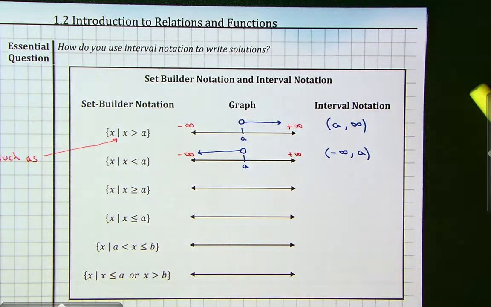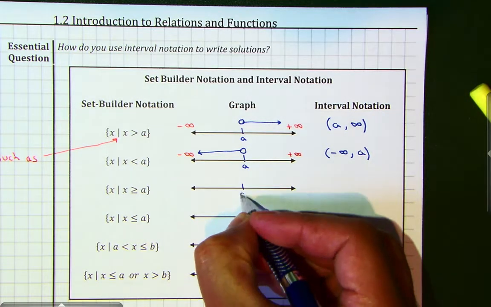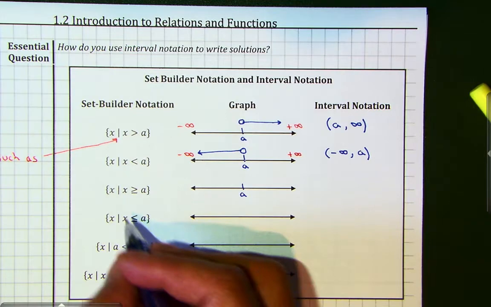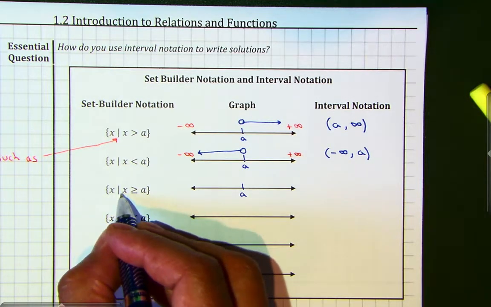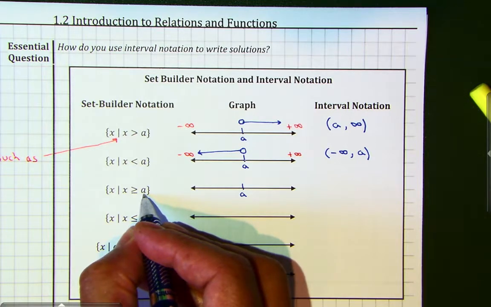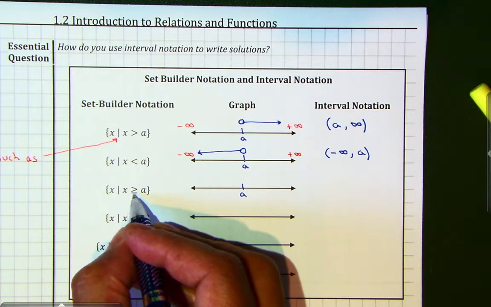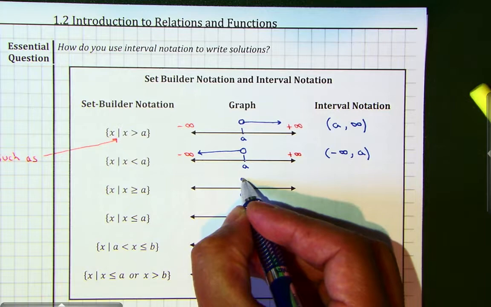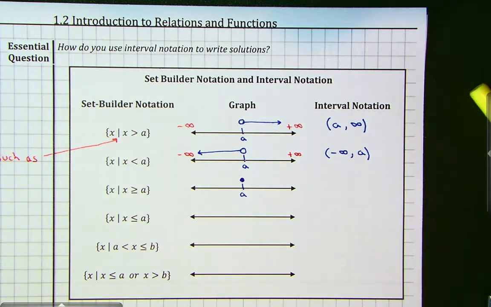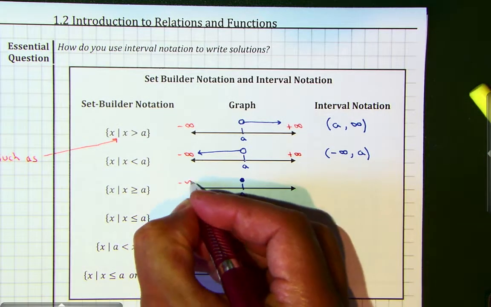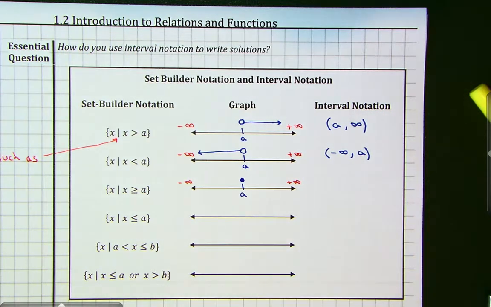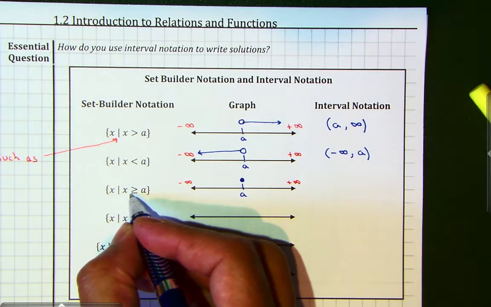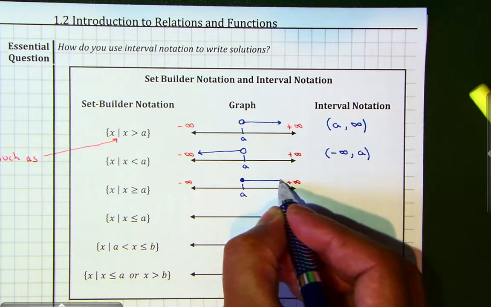The next one, we're going to place A at the center. So the solutions are all the values of X such that X is greater than or equal to A. It's greater than or equal to, so it's going to be closed. Negative infinity to the left, positive infinity to the right. And all the values that are greater than or equal to A are to the right.